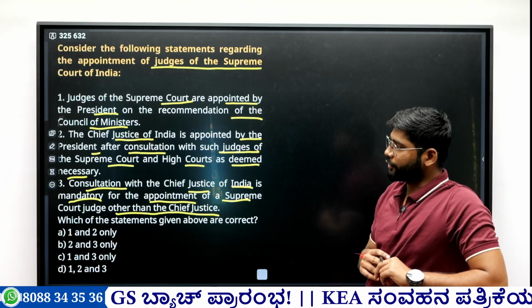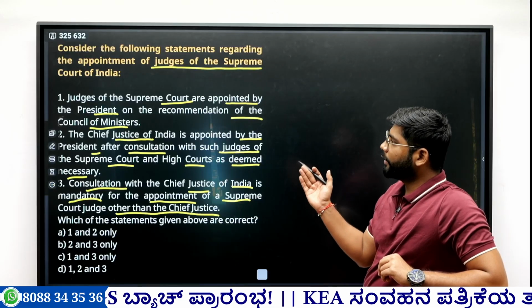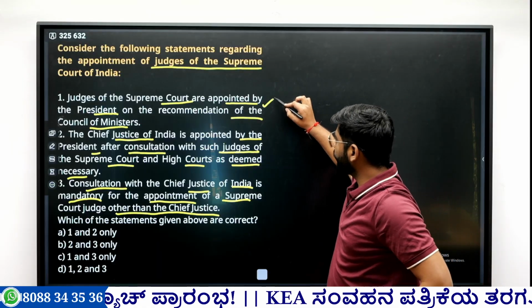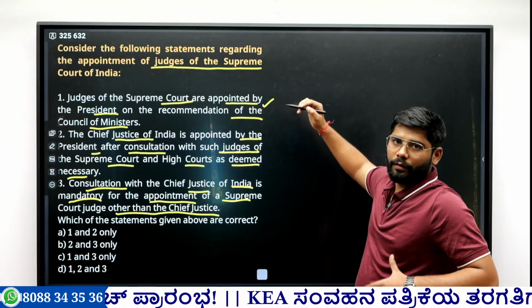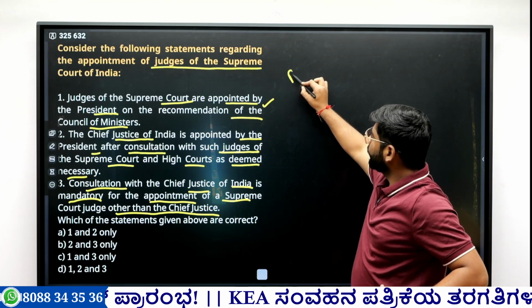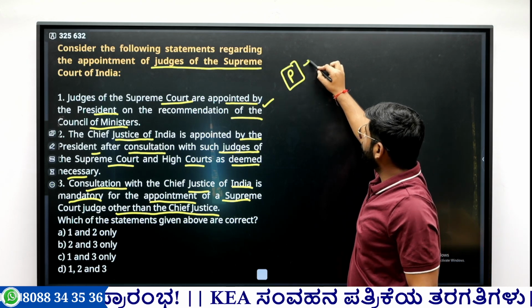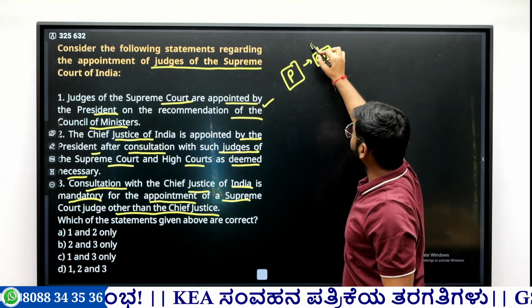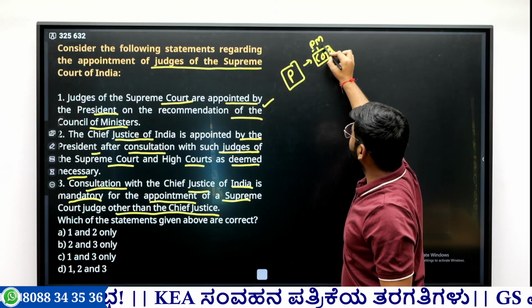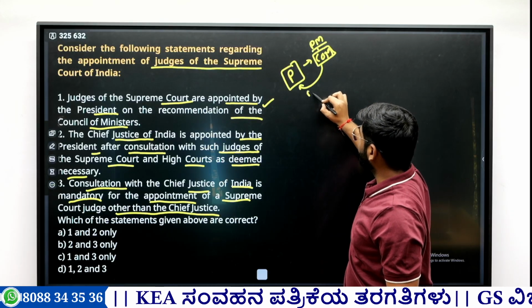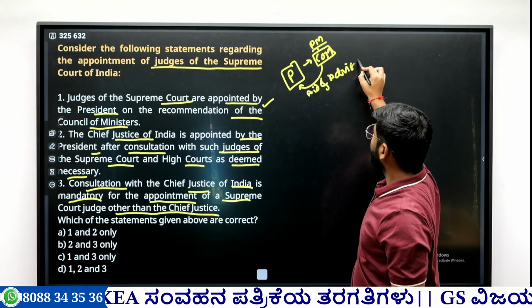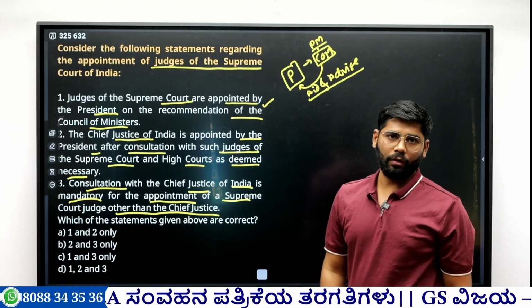Okay, see the first statement: judges of the Supreme Court are appointed by the President on the recommendation of the Council of Ministers. Technically the statement is correct because when it comes to the President, there is a Council of Ministers headed by the Prime Minister, and they give aid and advice to the President on all matters.